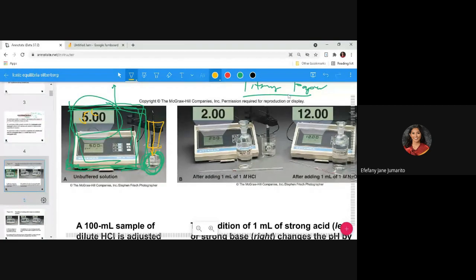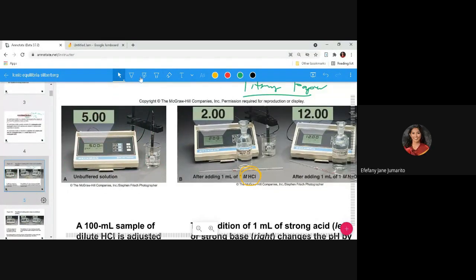Now, if you add HCl, okay. If we have a solution with pH 5.0, is it acidic or basic? Acidic, ma'am. Is it acidic, Emma? Yes, ma'am. Okay, it's acidic.